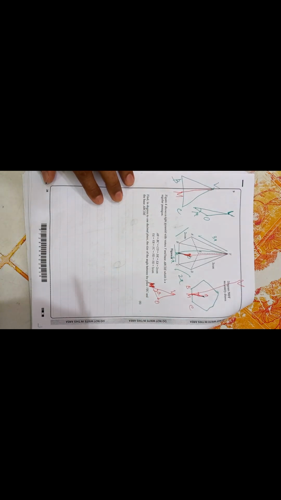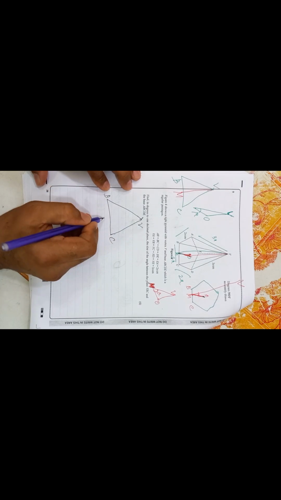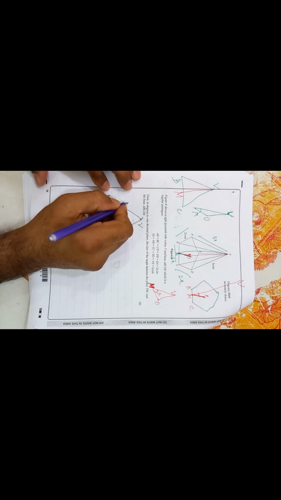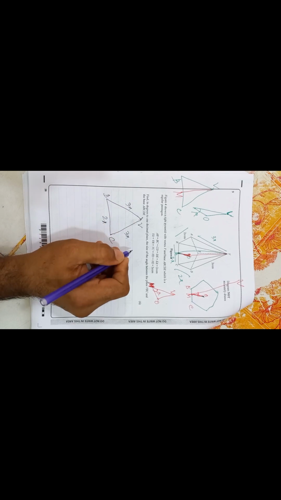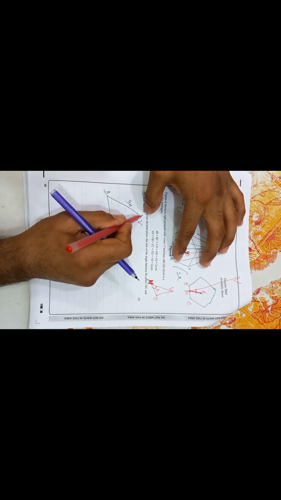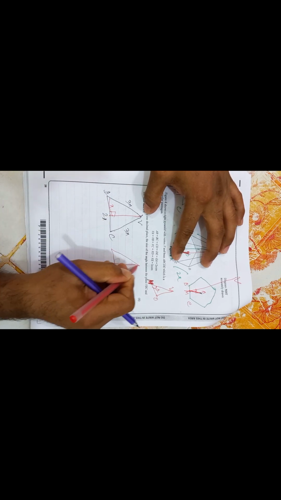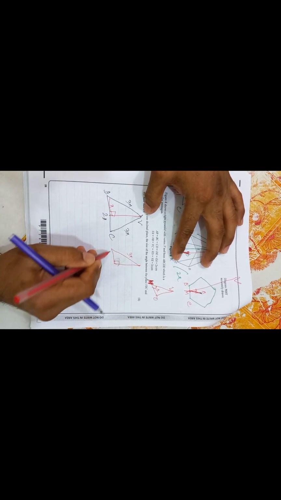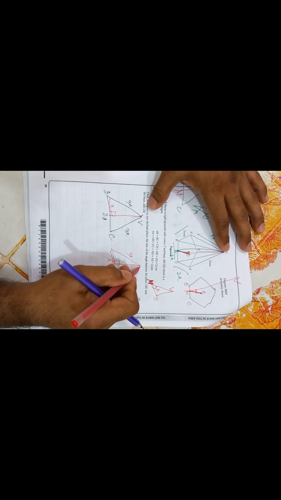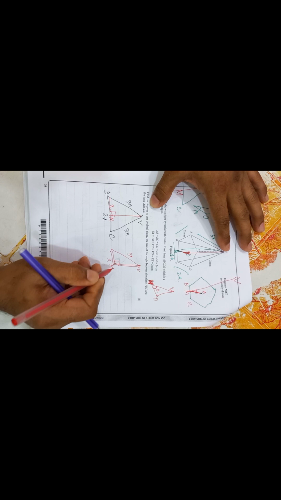For this we need to find a few extra things. First, take triangle VBC: here BC is 2x, and VB and VC are 3x. If I split it, this will be x, this is 90 degrees, the hypotenuse is 3x, and this is x. I need to find VM.